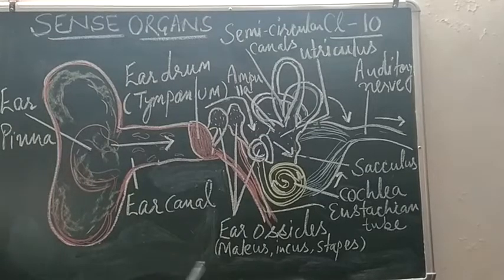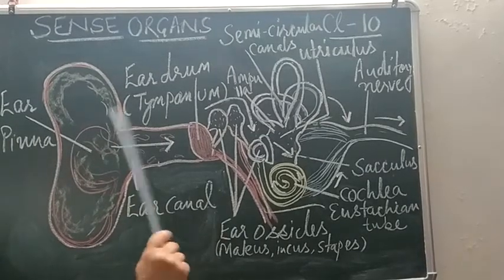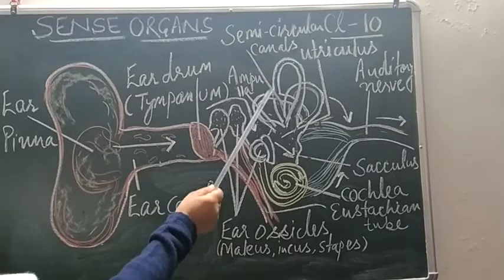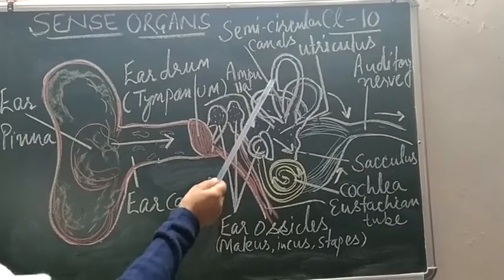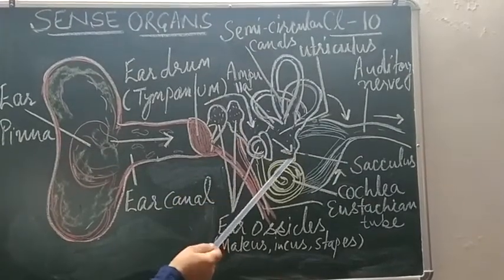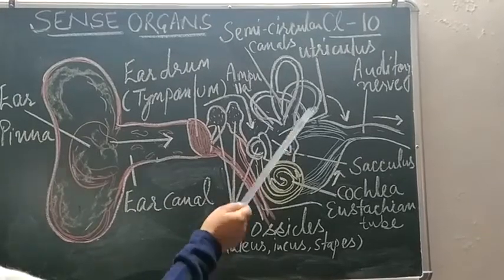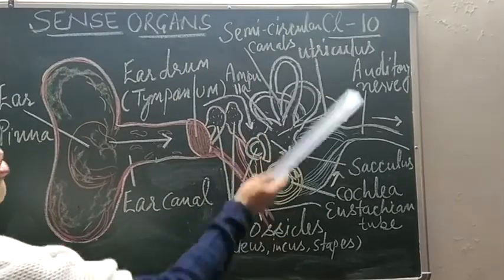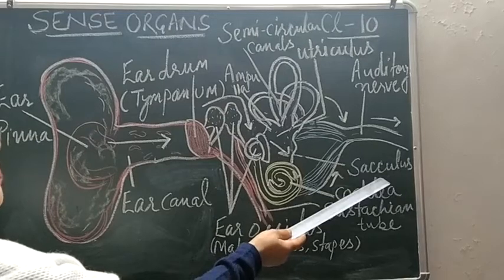Now how does the ear help us in balancing? For this there are three semicircular canals, and the lower part of this is called the vestibule, or separately utriculus and sacculus.